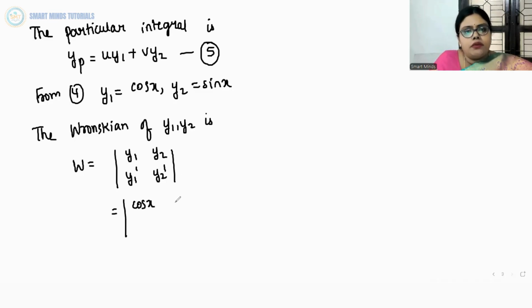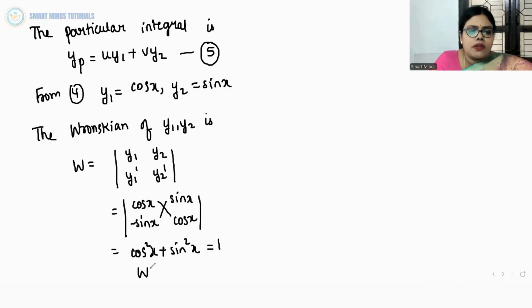Cos x. y2 is sin x. y1 dash means the derivative of y1. So what is the derivative of cos x? Minus sin x. And what is the derivative of sin x? Cos x. Now find the determinant. Cross multiply: cos square x plus sin square x. From trigonometry, we know that cos square x plus sin square x is 1. So you got the Wronskian as 1.